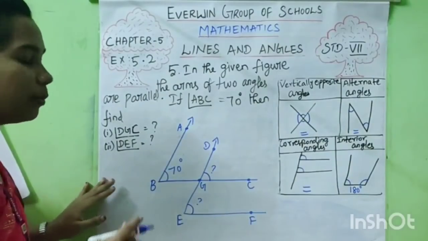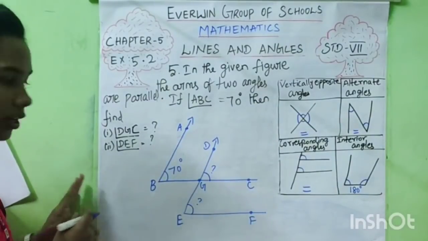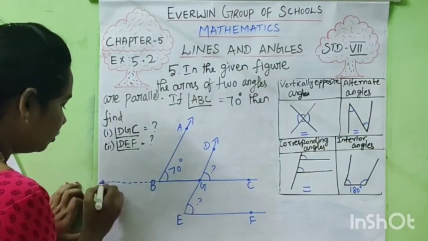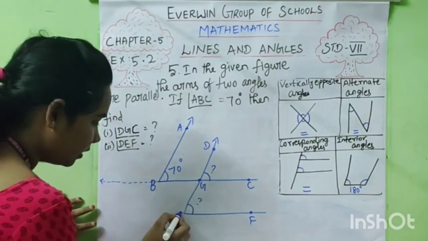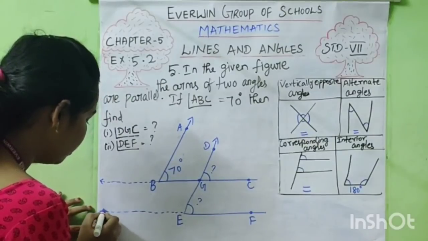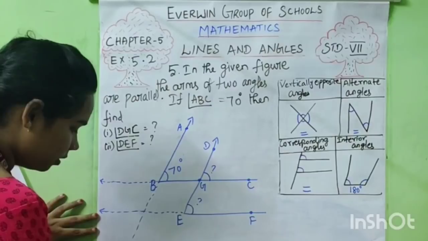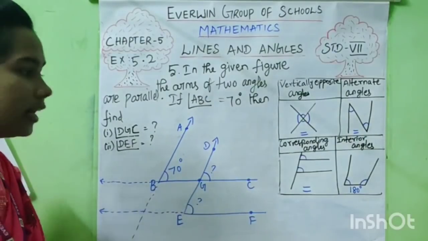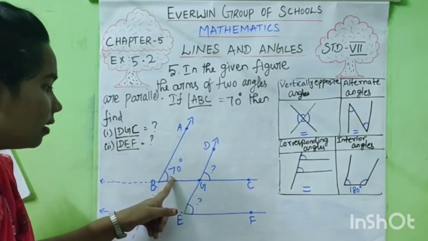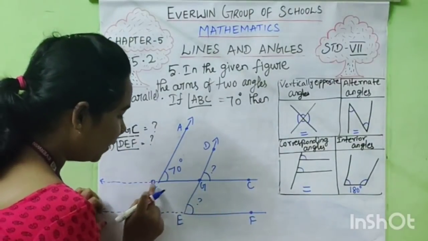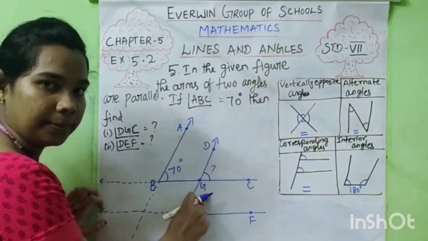Okay. Now I am going to extend the lines, children. See, I am going to extend the line through left hand side. And this line also I am extending. Okay, children. See this B and G and E. First look at this. B is corresponding to G. Right?